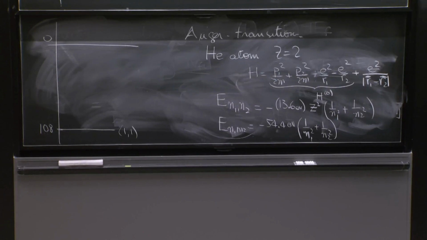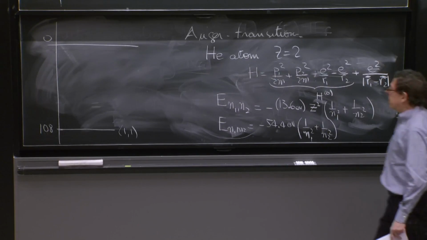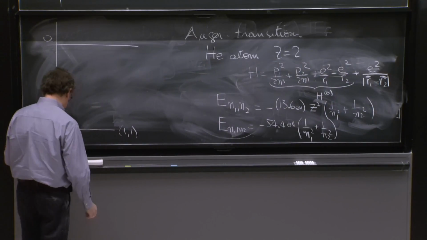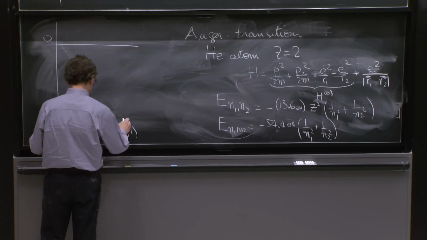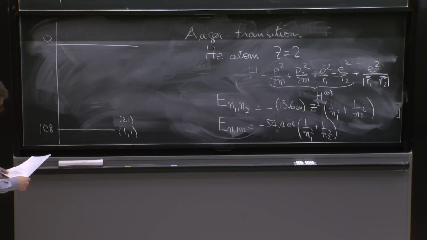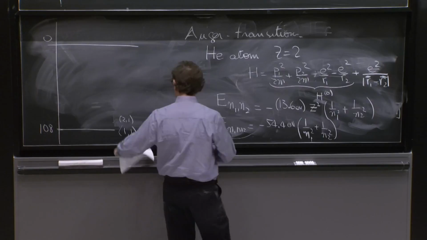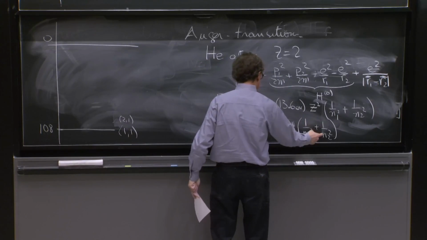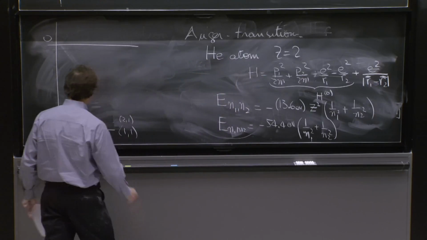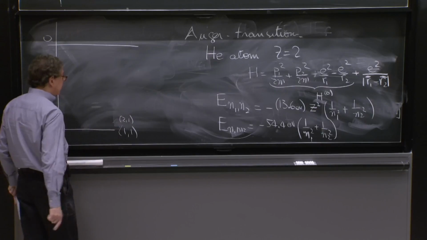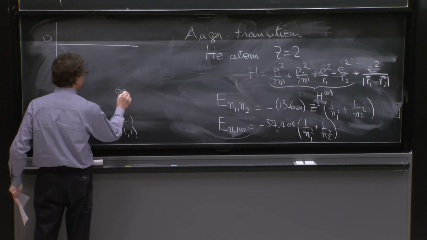Then we go on and look at, for example, the state (2,1). The state (2,1) is going to be less bound, because instead of having 1 and 1, you have 1/4 plus 1. So it's less bound. Then (3,1), (4,1). How about (infinity,1)?